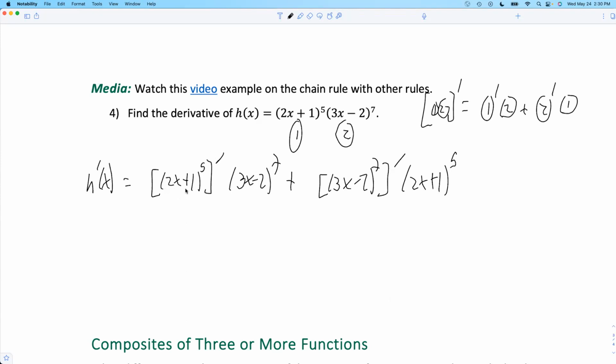This one here is a function inside a function. So we take the derivative of the outside. I want to think of this like u to the fifth. Then the derivative of that with respect to u would be 5u to the fourth.